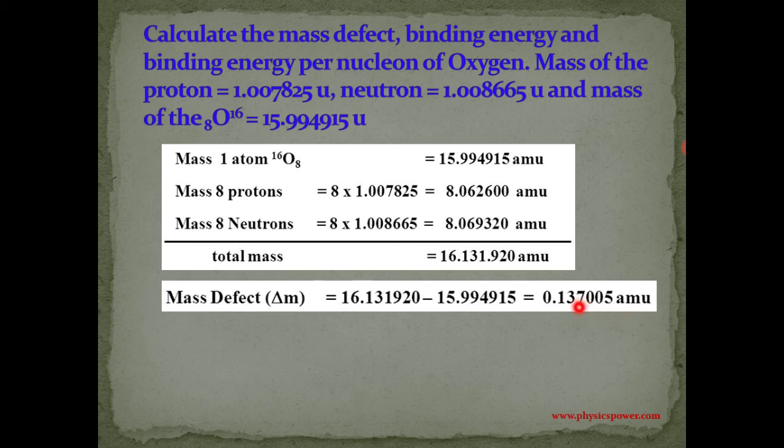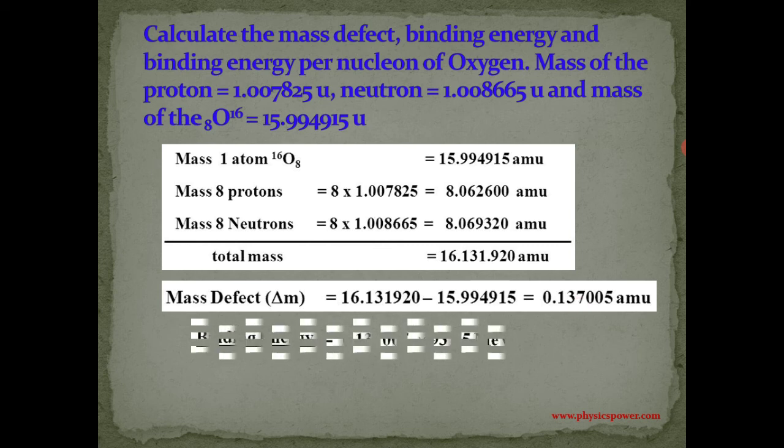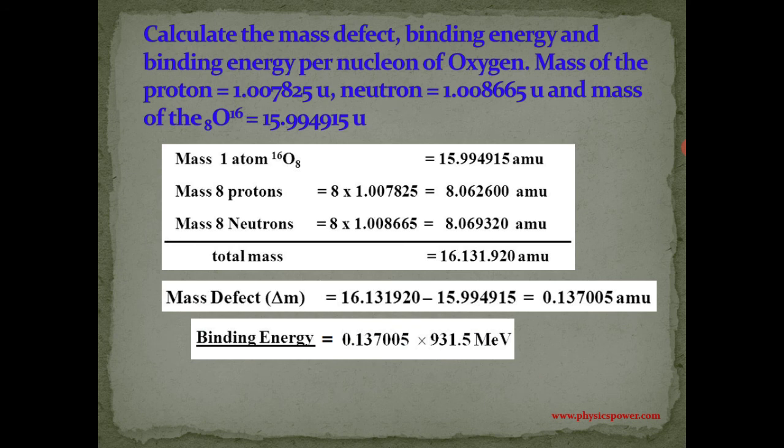Then binding energy is nothing but delta M, mass defect, into C square. If you use that formula you will get the value in joules, but delta M is in AMU, so if you want it in MeV, you have to multiply with 931.5 MeV.